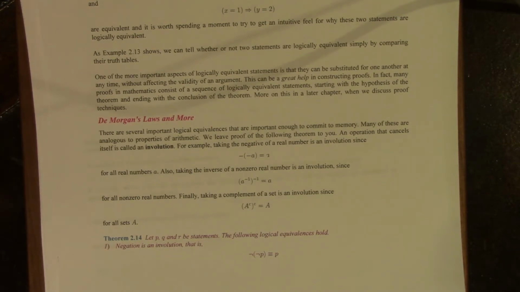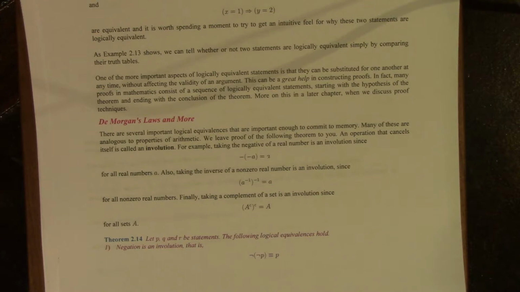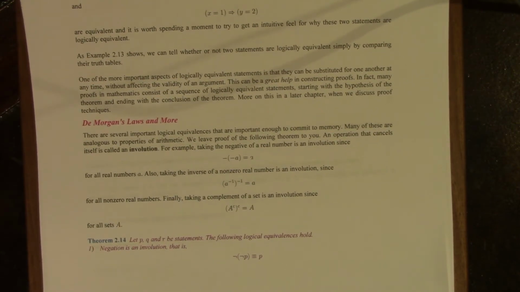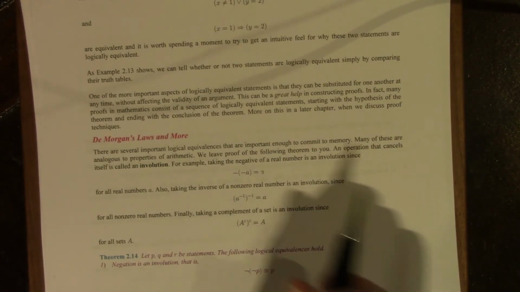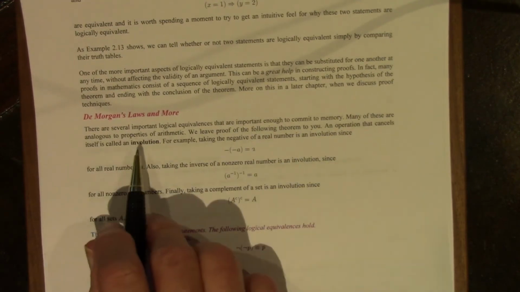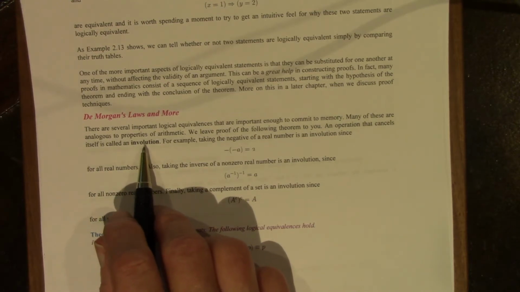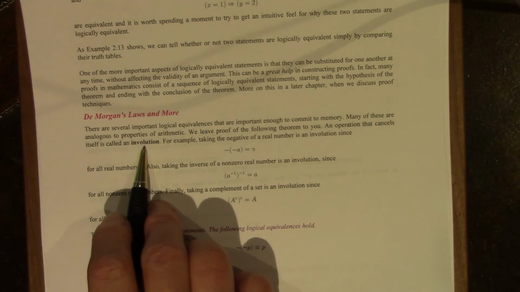There are some logical equivalences that are very important and need to be committed to memory. Fortunately, many of these are analogous to properties of arithmetic, so shouldn't be a problem remembering them. First, a quick definition. An operation that, informally speaking, cancels itself, that if you apply it twice, it's as though you didn't apply it at all, is called an involution.